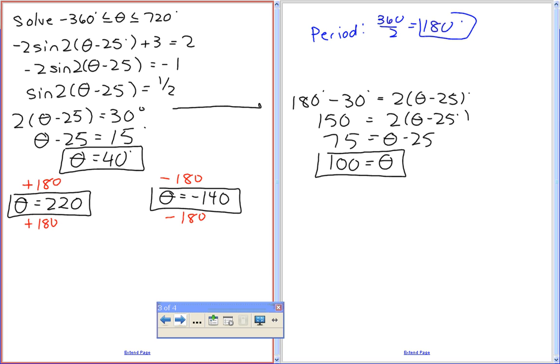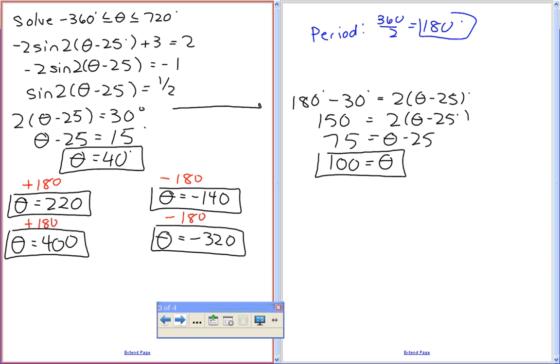I'm going to get theta equals 400. Theta equals negative, what is that? And if I do another minus 180, that's too small, so that one I can take out. I'll keep on adding 180 to get theta equals 580.